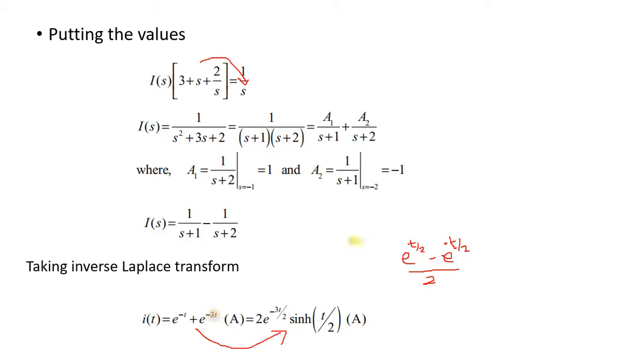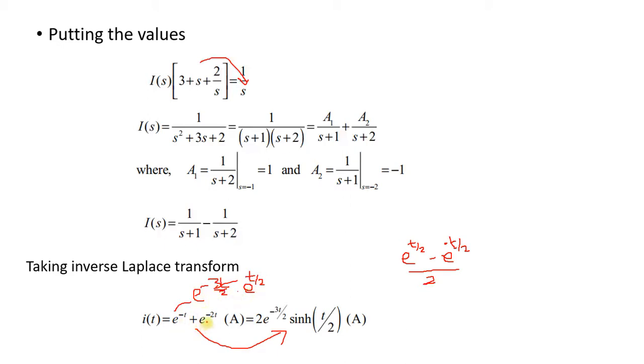So this e power minus t is replaced by e power minus 3t by 2 into e power t by 2. If you add these two, it results in e power minus t.